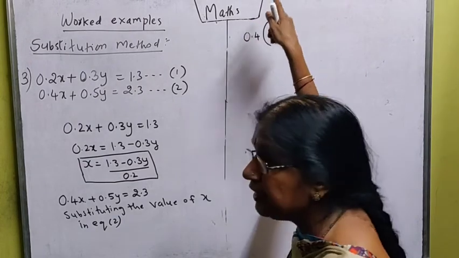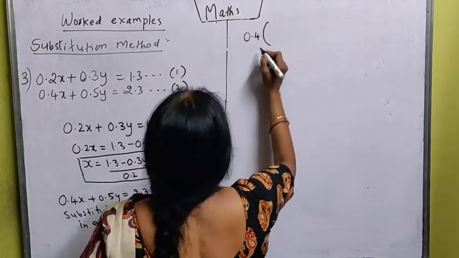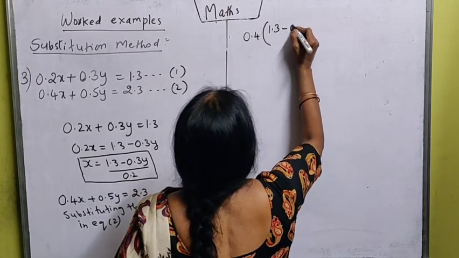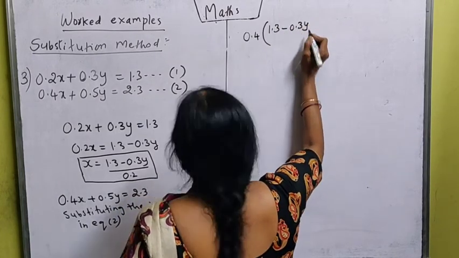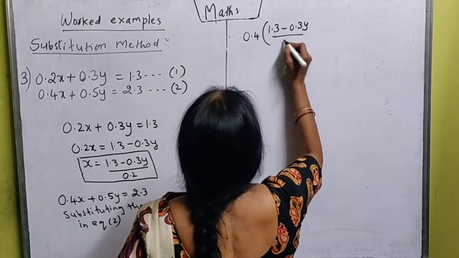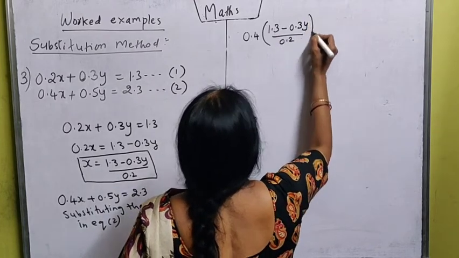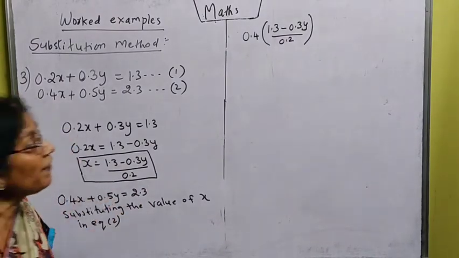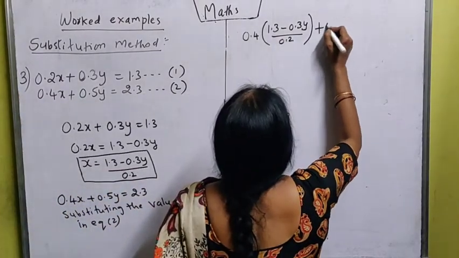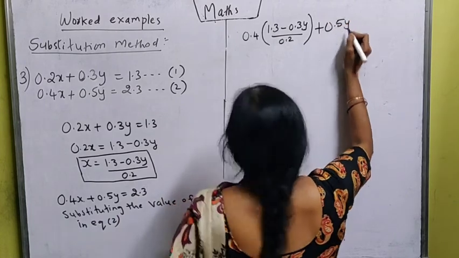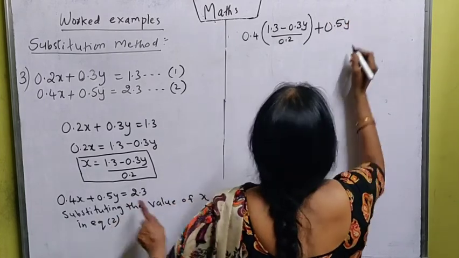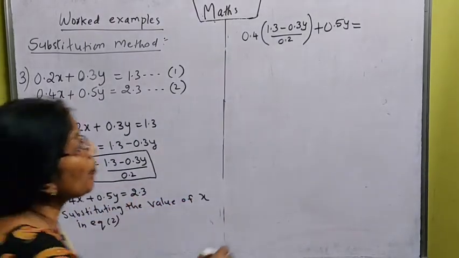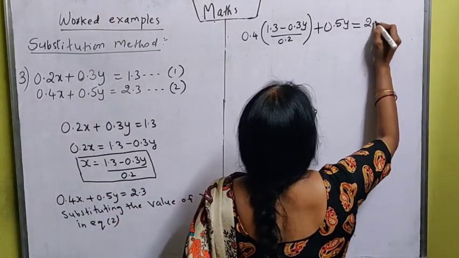So I put it in the bracket. So what shall I get? 0.4 into the bracket of 1.3 minus 0.3y whole divided by 0.2, bracket over. Then plus 0.5y, which I write as it is, then the equal sign, and then 2.3, which I also write as it is.